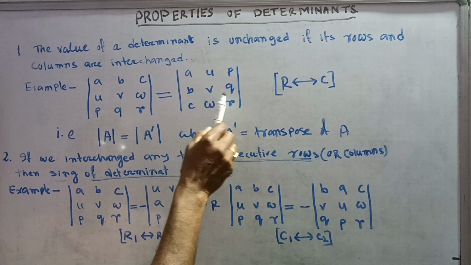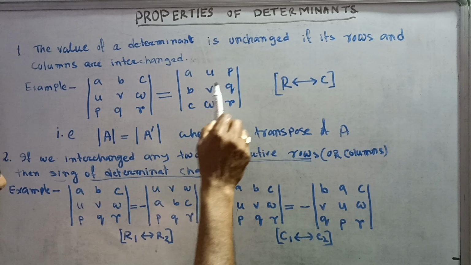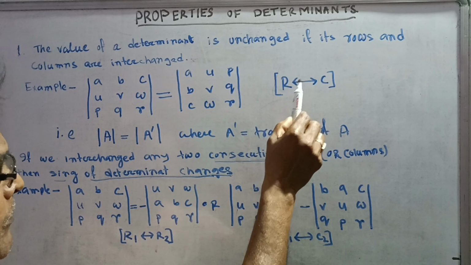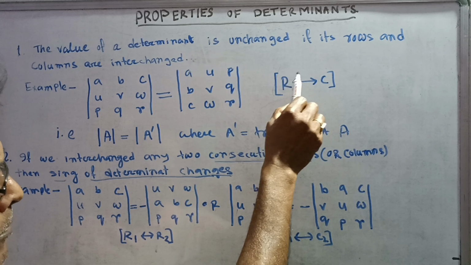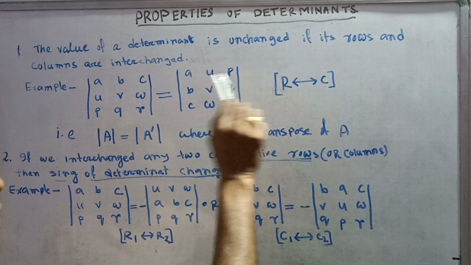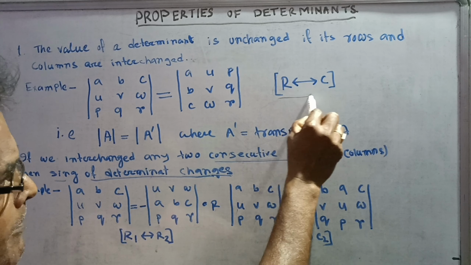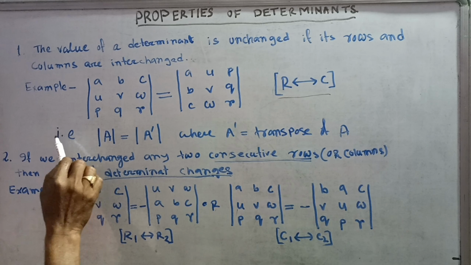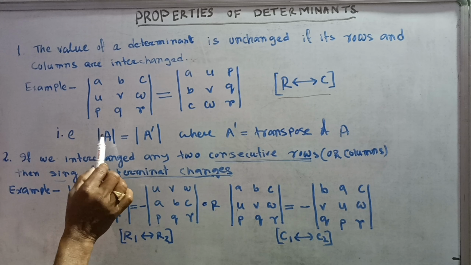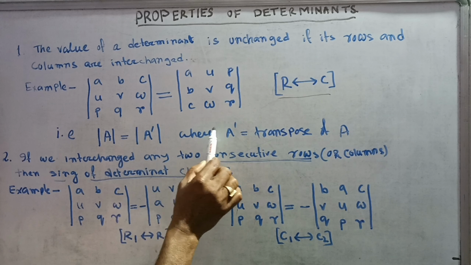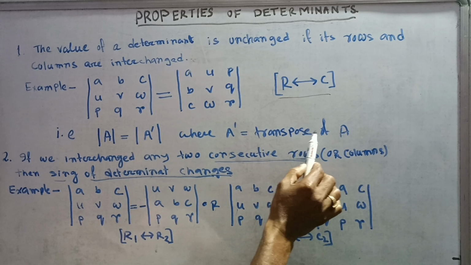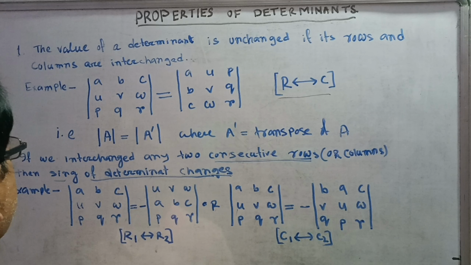The value of the determinant is not changed, so R changes to C, that is, rows become columns and columns become rows in the same way. That means we can say that determinant A is equal to determinant A dash, where A dash is known as the transpose of the matrix A.